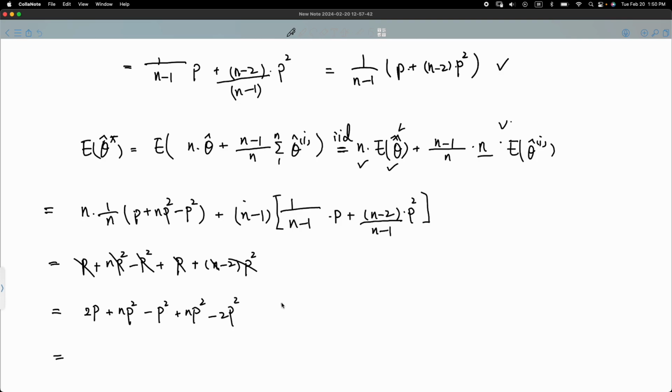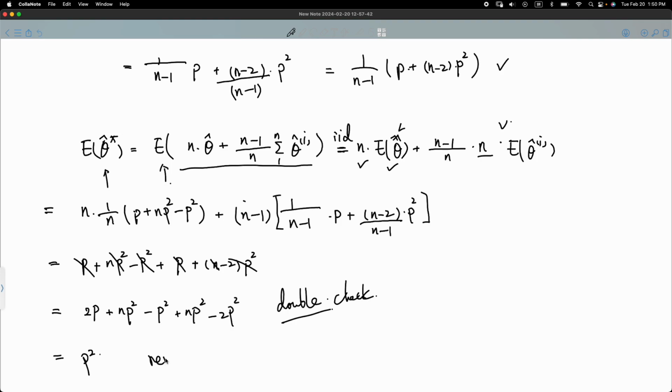Okay, so I'll just make some notes. So double check the derivation here. The idea is the same. You need to plug in the formulation here, calculate the expected value to get the expected value of theta star, and that should be equal to p squared.